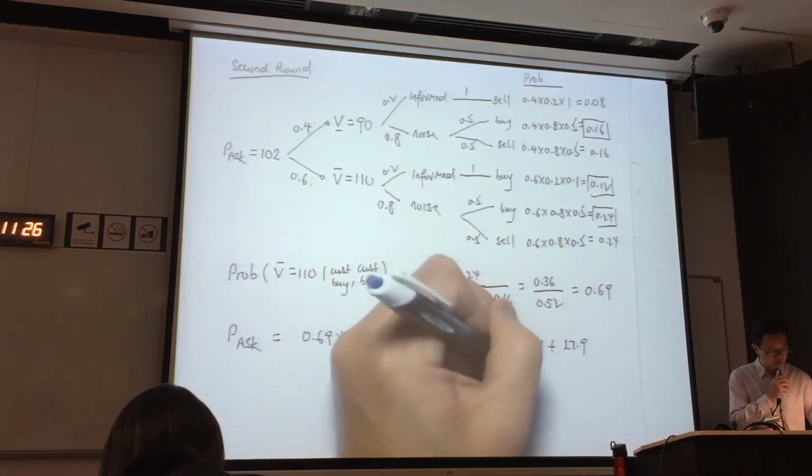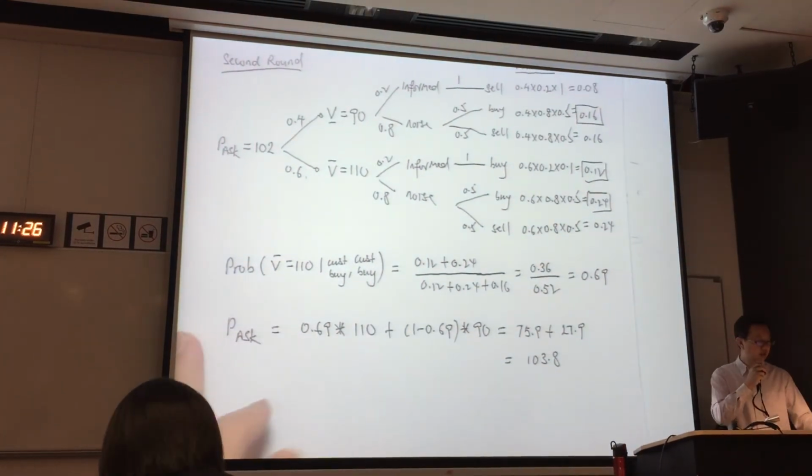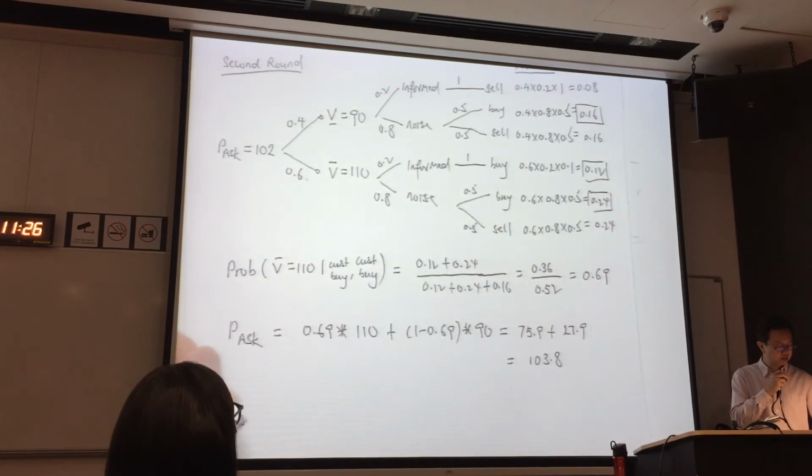Okay, so this becomes 103.8. So you'll be able to work out the bid price as well.